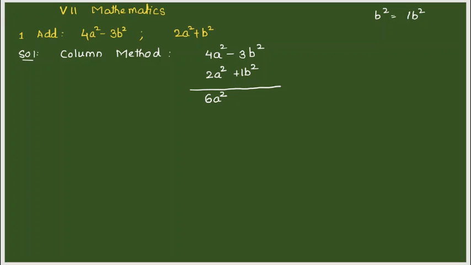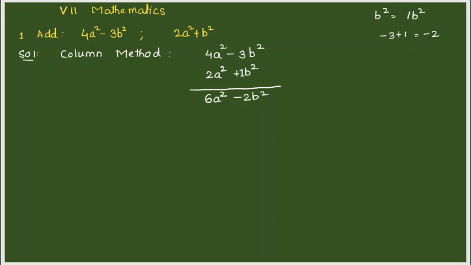So you need to take b square coefficient as 1. Then you need to add the coefficients as usual. So minus 3b square coefficient is minus 3, plus 1b square coefficient is plus 1. So minus 3 plus 1, you know very well the addition of integers, that is minus 2. So by adding these two we get minus 2 and b square is same.